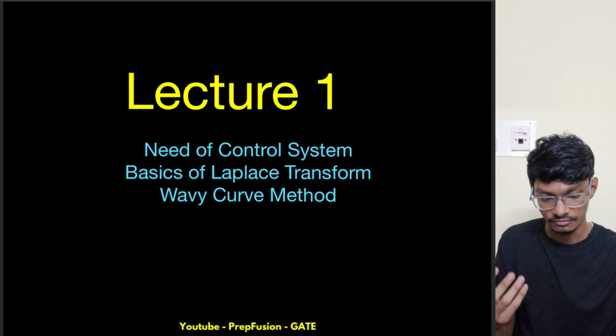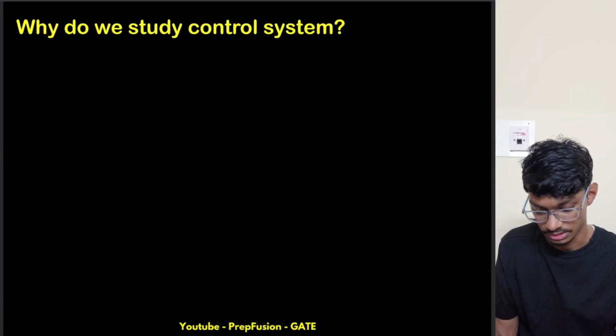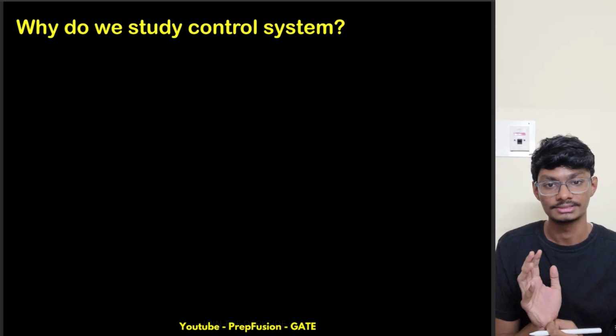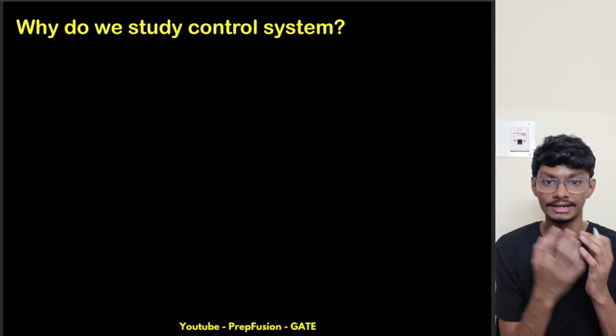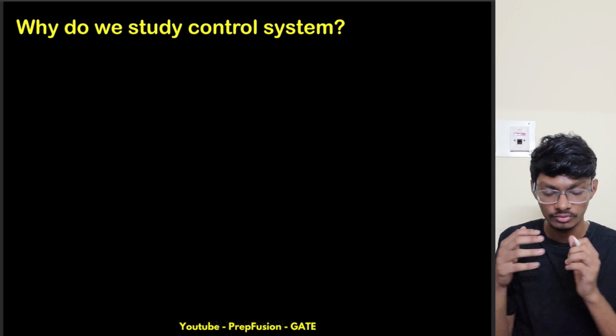And what is Laplace transform, that also we will understand. So first we have to understand why we study control system. Before designing or implementing anything, any machine, we first have to validate that system.